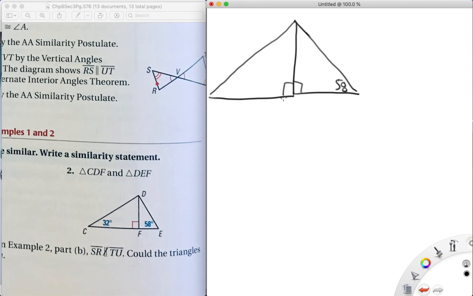This is a right angle here because these form a linear pair. This is 32. So if I look at the triangle at the right, 90 plus 58 equals 148. 180 minus that equals 32. So this is 32. And if this is 32, then this is 58 up here.